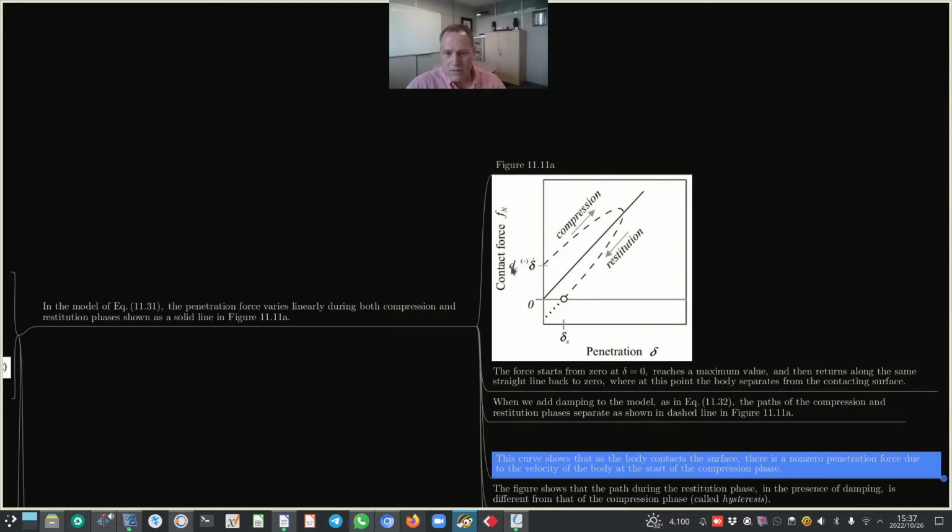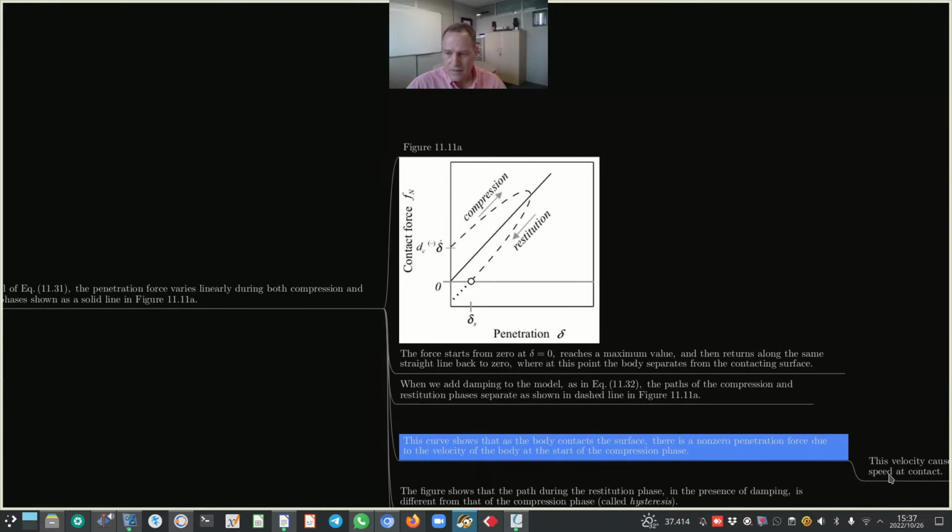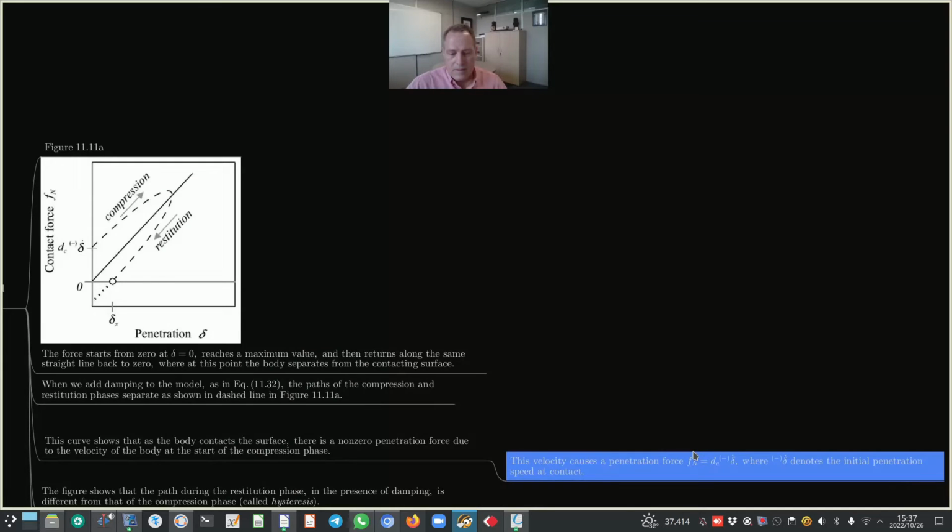Okay, so let's talk about this non-zero penetration force. We mentioned that force is caused by the velocity of the body at the start of the compression phase.